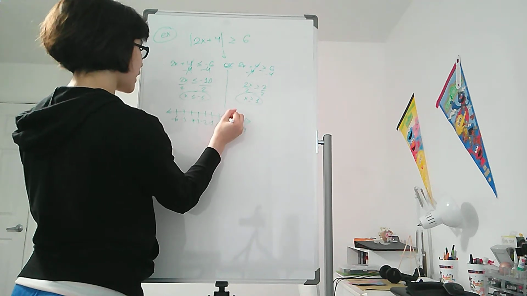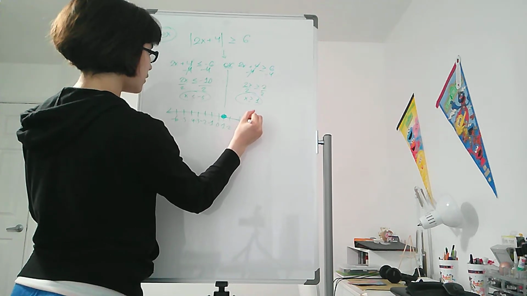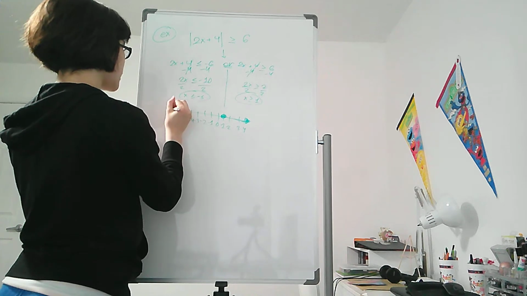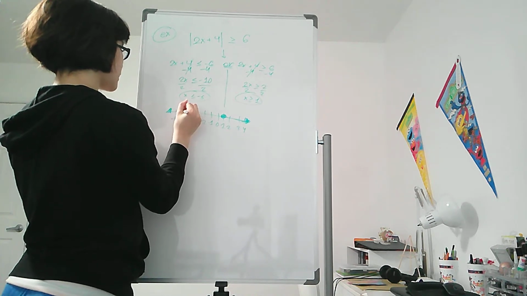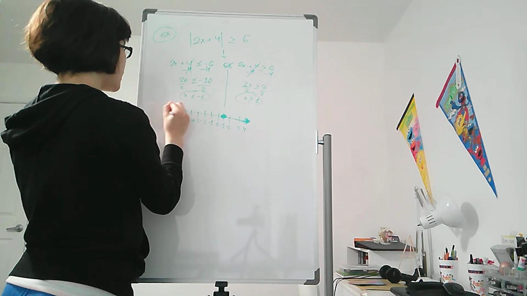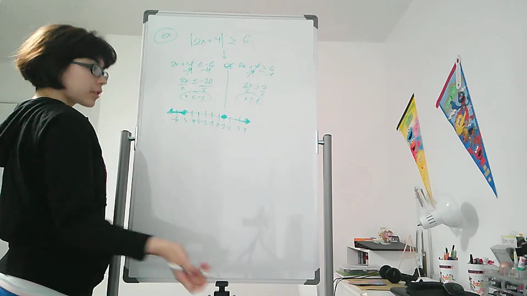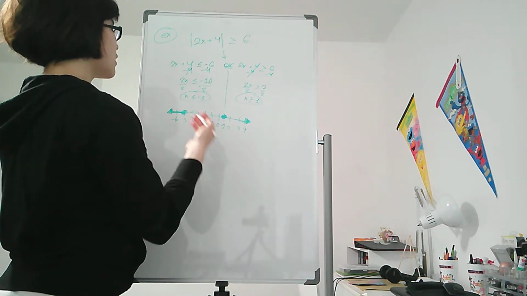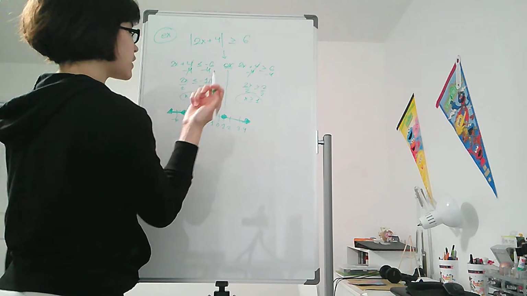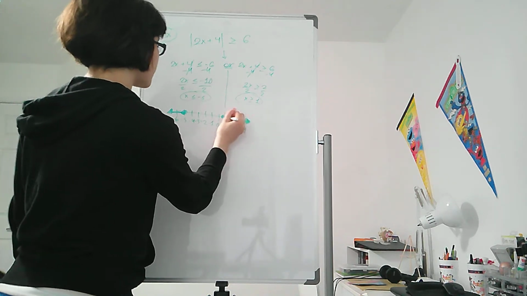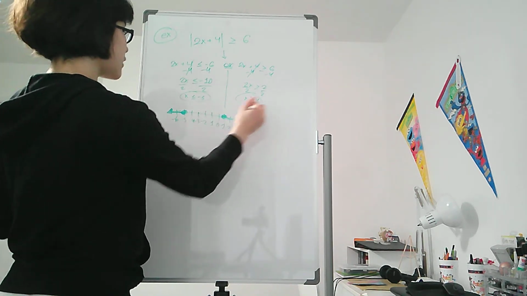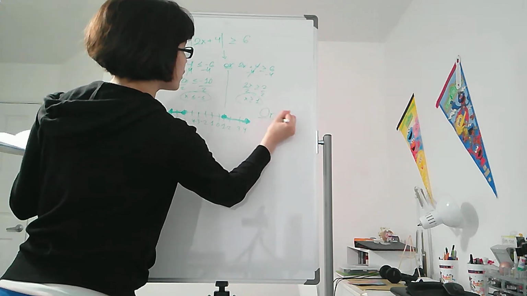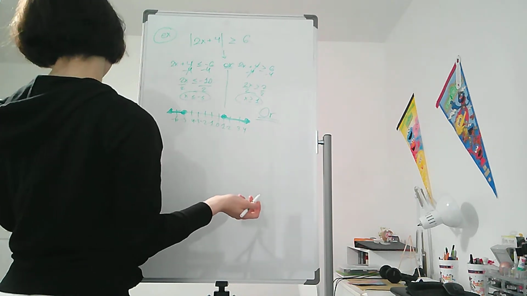So, we're going to have x is greater than or equal to 1 in one direction. And then in the other direction, we're going to have x is less than or equal to negative 5. Now, we could just check, just to confirm the logic of this set of solutions, right? They don't connect. Therefore, it's an OR inequality.